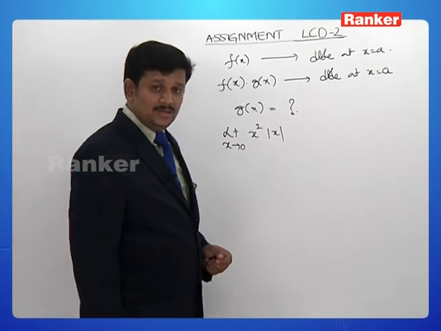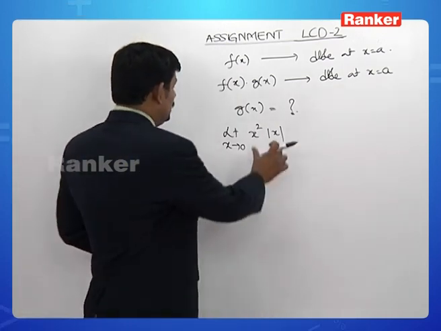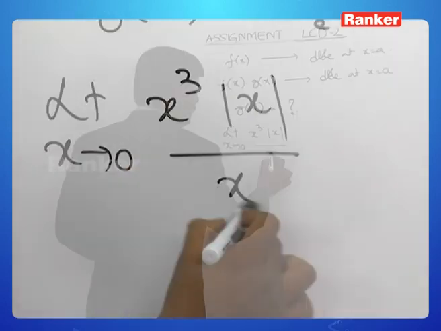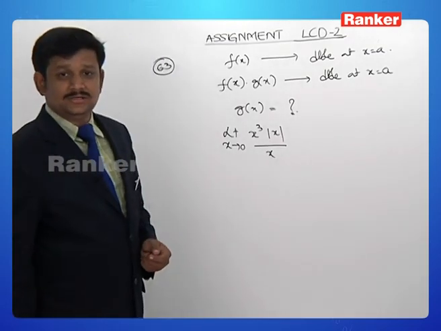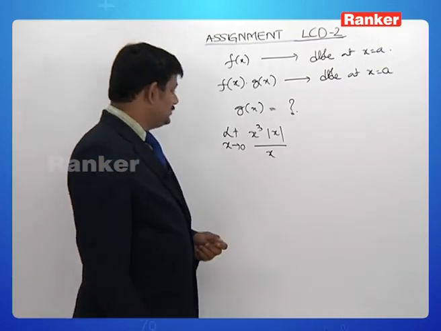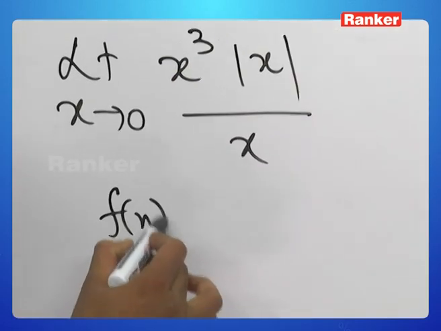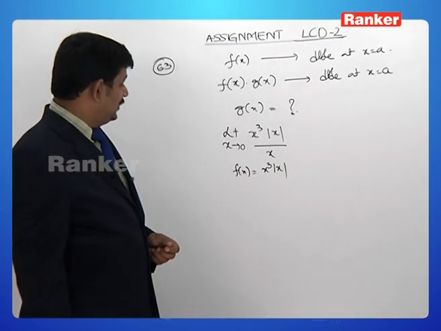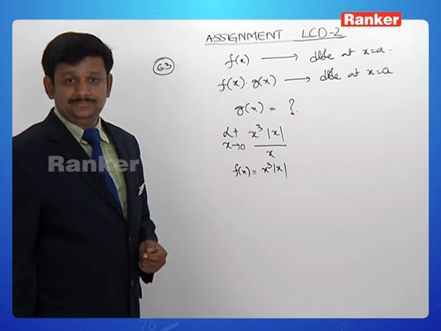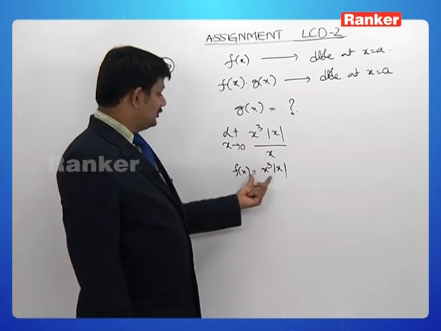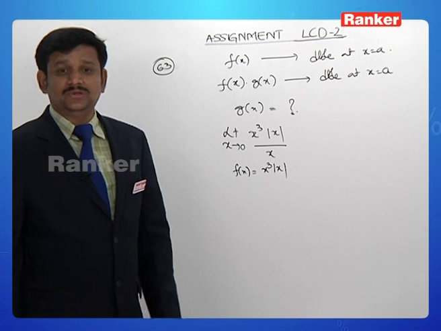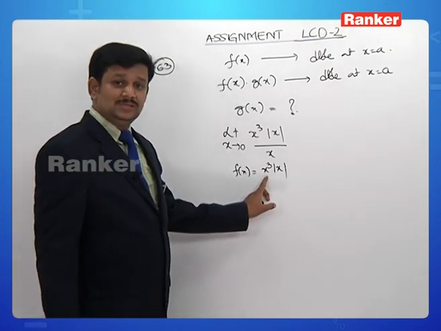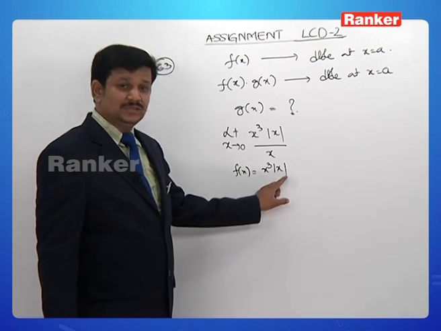So the limit as x tends to 0 of x cube by x also exists and is equal to 0. So the function f of x equal to x cube into mod x is differentiable at x equal to 0. F of x is differentiable, g of x is not differentiable.